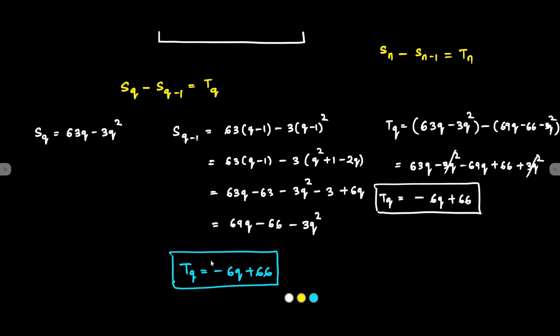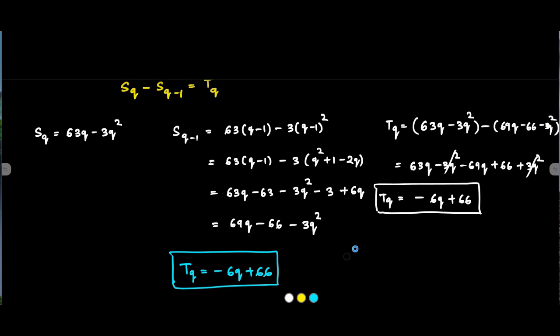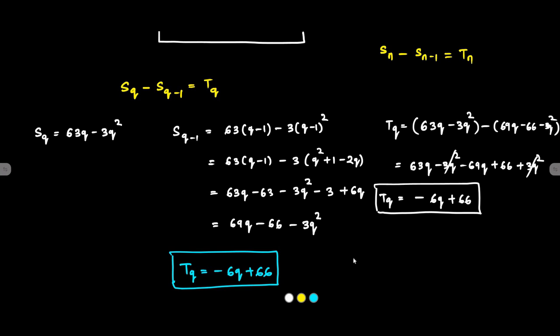Tq is equal to minus 6q plus 66. Now it is given that the pth term is minus 60, that is Tp. So if we substitute p instead of q here, minus 6p plus 66 is equal to minus 60.